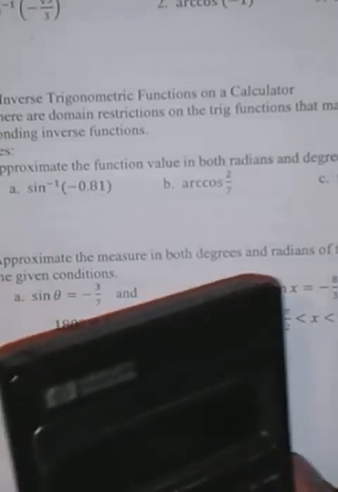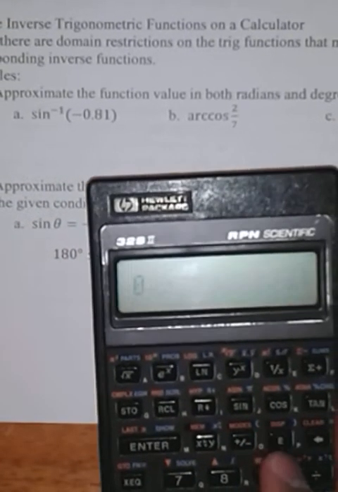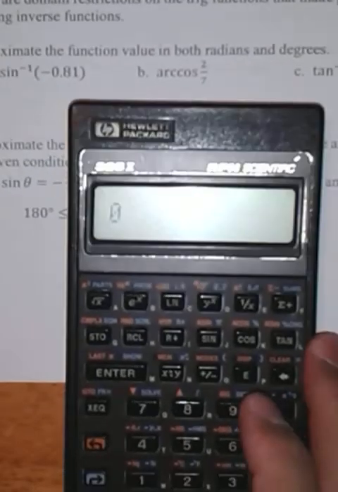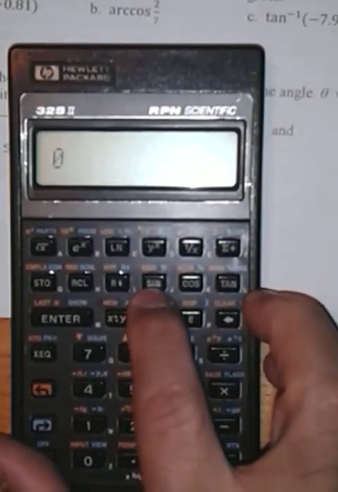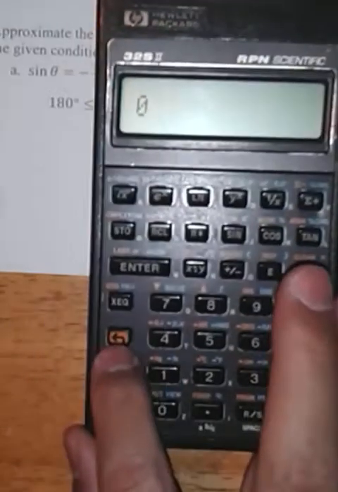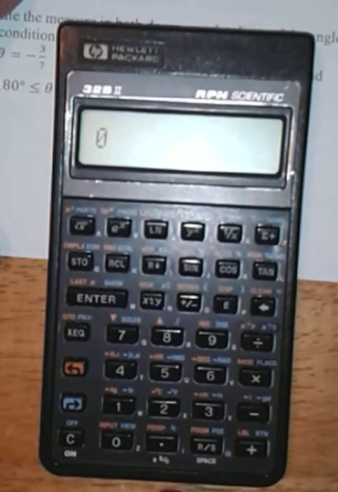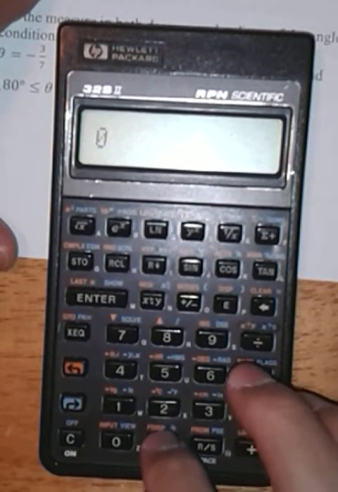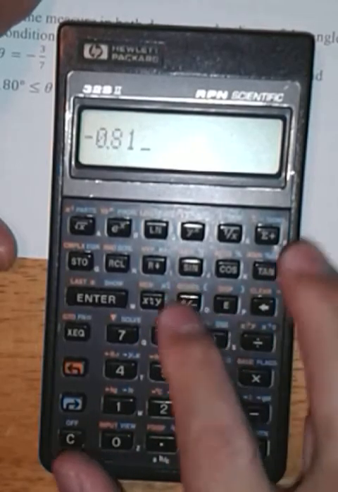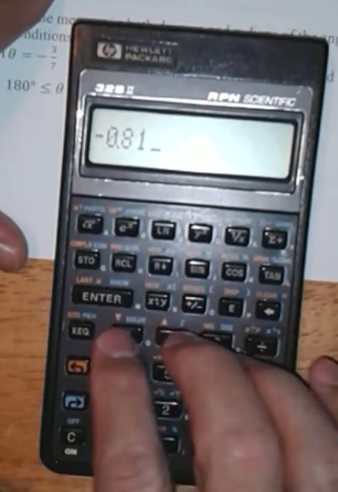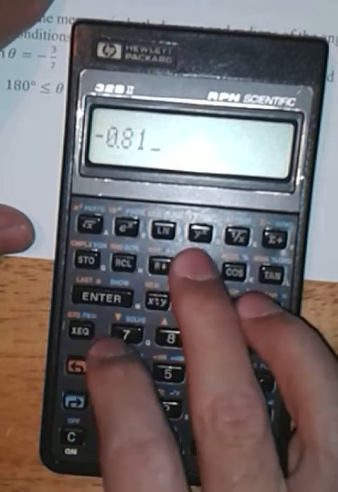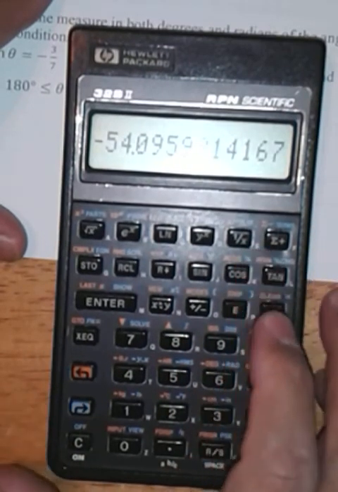Okay, so we're going to use a calculator. You'll have to find your arc cosines, arc sines. On my calculator, the arc cosine is right above the sine. It's in an orange button, so I press the orange button there. It's like the second button. So let's do the first one, sine inverse of negative 0.81. So negative 0.81 is a value of x, and I'm going to take sine inverse, which is the orange, and that's negative 54.09.